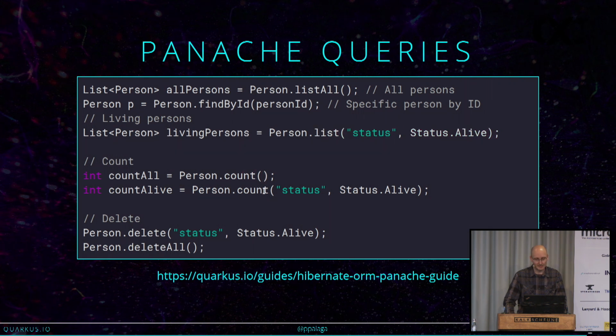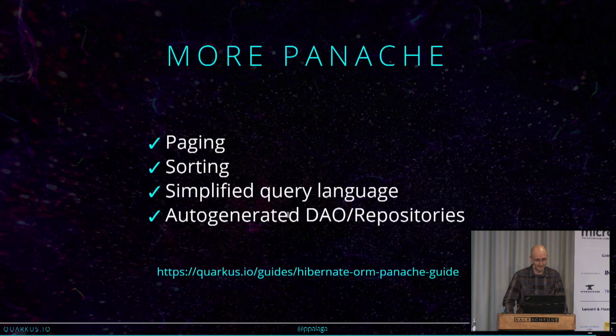This is for counting and filtered counting, and this is filtered deletion and all deletion. Panache offers more for paging, sorting, simplified query language. If you cannot live without data access objects and repositories, all those can be generated for you.